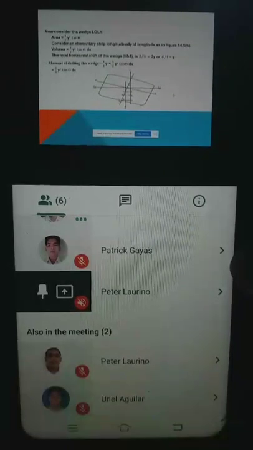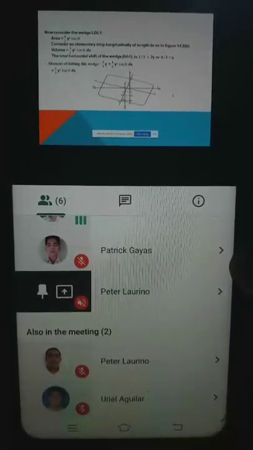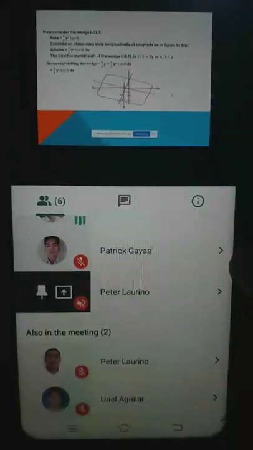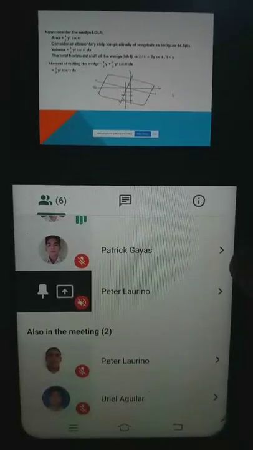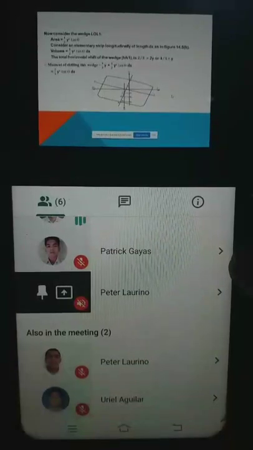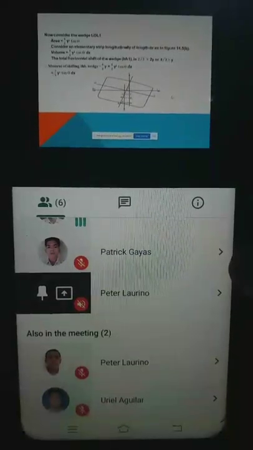Now consider the wedge LOL1. Area equals 1/2 y squared tan theta. Consider an elementary strip longitudinally of length dx as in figure 14.5. Volume equals 1/2 y squared tan theta dx.